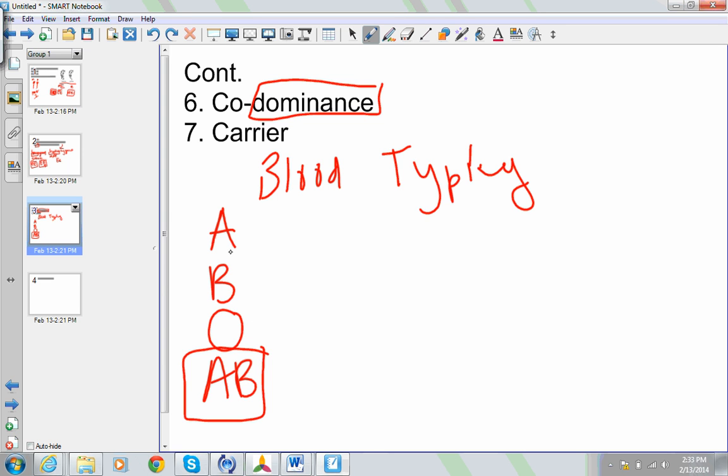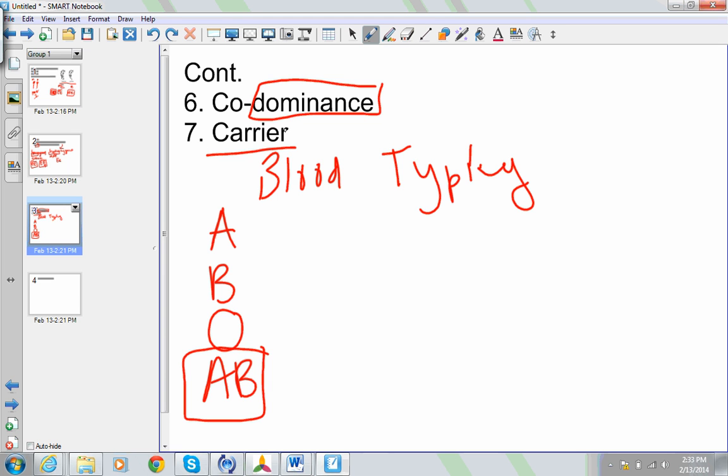Another thing that's expressed here that we haven't learned about yet is the fact that there are multiple alleles. So there's not just two options. A and B are not the only two options. You also have O, which we'll learn about later. But this is codominance. AB blood typing, which is where A and B are both dominant. That's why we write them both in the expression there. They are both going to just kind of be mixed together instead of one being masked.